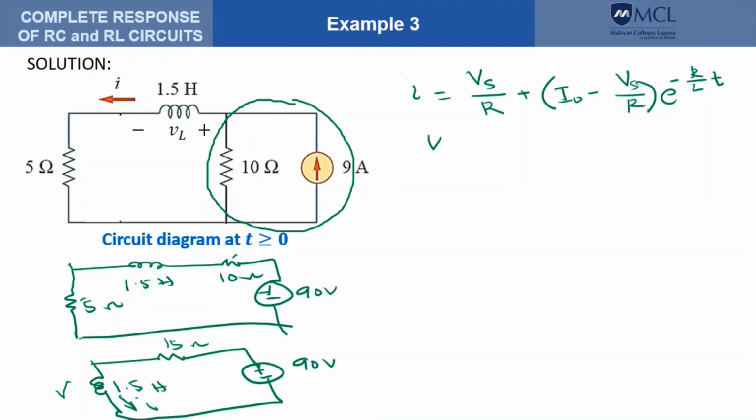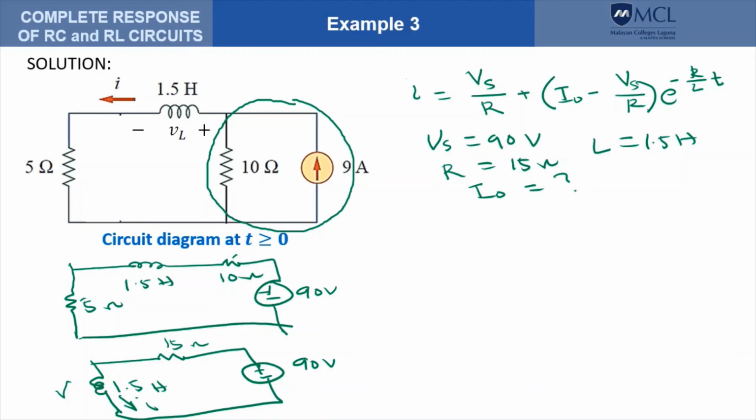Okay, so Vs there should be 90 volts. Well, R should be 15 ohms and L is 1.5 henries. But what is I naught? So that is the initial current through the inductor before the switch is open.